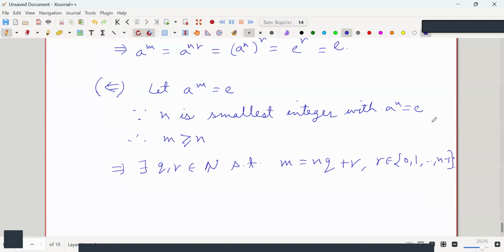So you keep on dividing m until you get a remainder that is strictly less than n. So this is just the division algorithm.